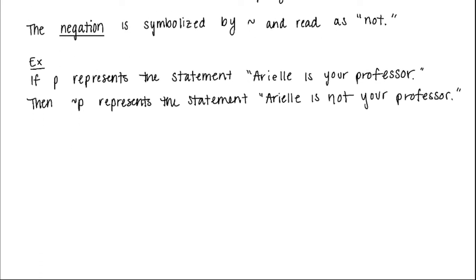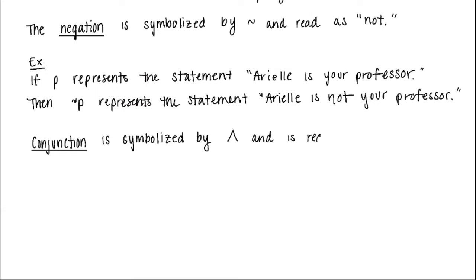The next connective we have is that word "and," and that's called our conjunction. So conjunction is symbolized by basically part of an A or an upside down V, and is read as the word "and."